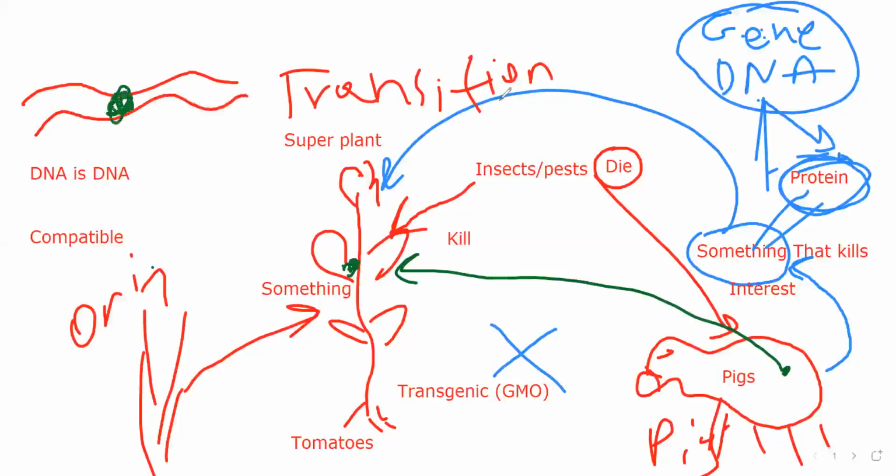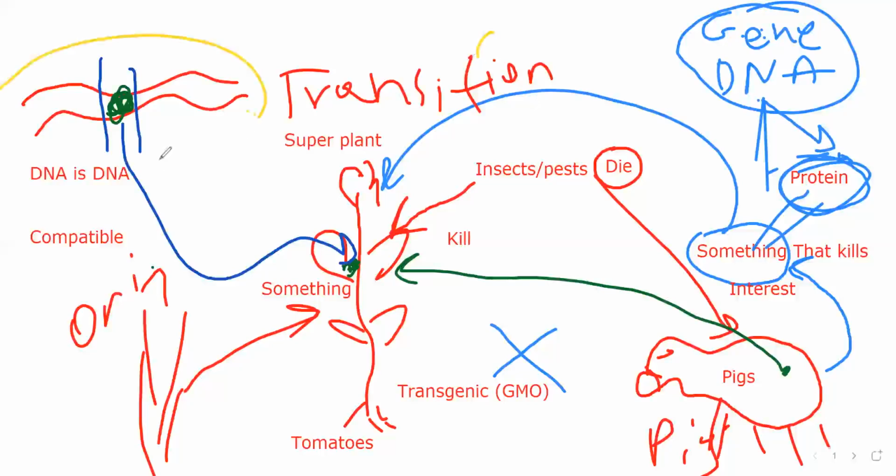I cut it out, take it out, and then put it here. I don't need the whole DNA. The whole DNA itself is very long and contains a lot of genes that are not necessary for me. All I need is the one that has the information for making that something.